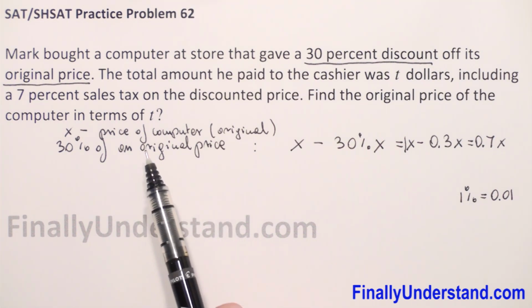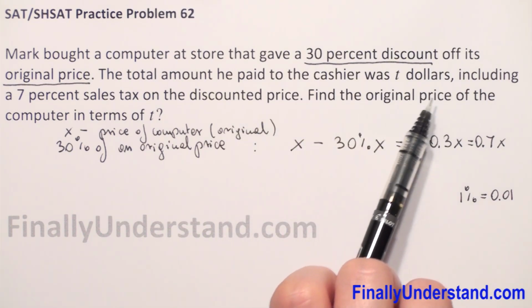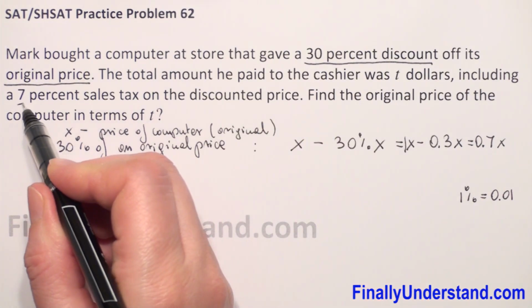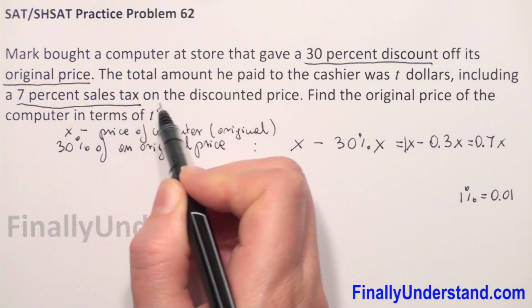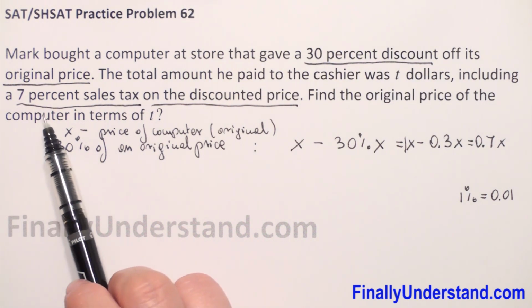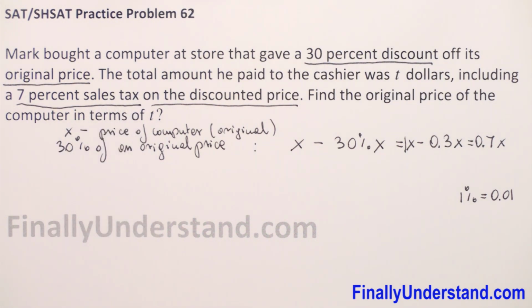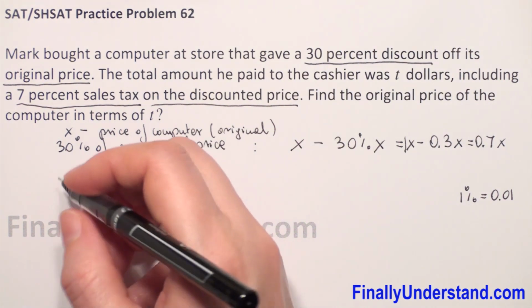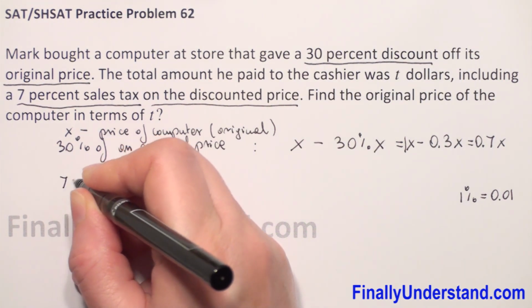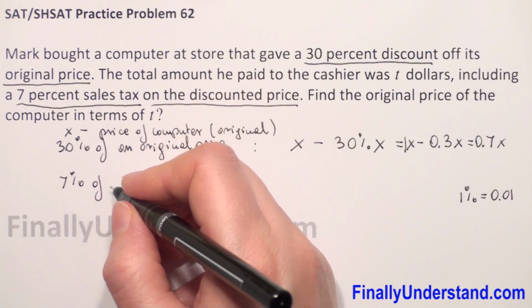What next? The total amount he paid to the cashier was T dollars, including a 7% sales tax on the discounted price. So we have to find the 7% sales tax on the discounted price. So let me write this. We have to find 7% of the discounted price.